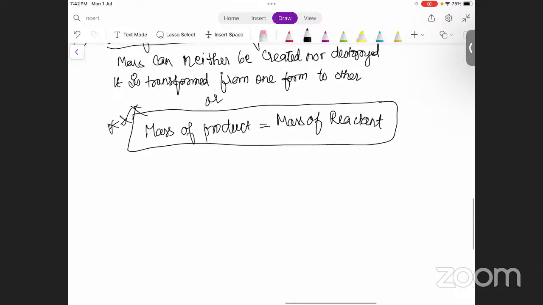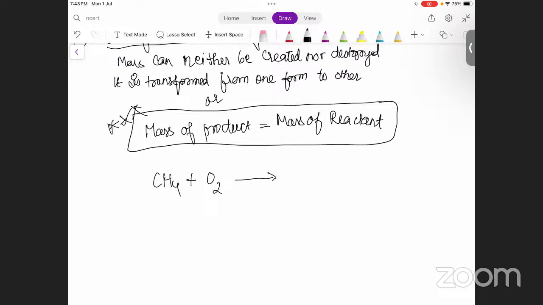For example, let's suppose I am burning methane, right? So methane is CH4. Now whenever somebody says burning, then what you have to do is write the reaction with oxygen, right?